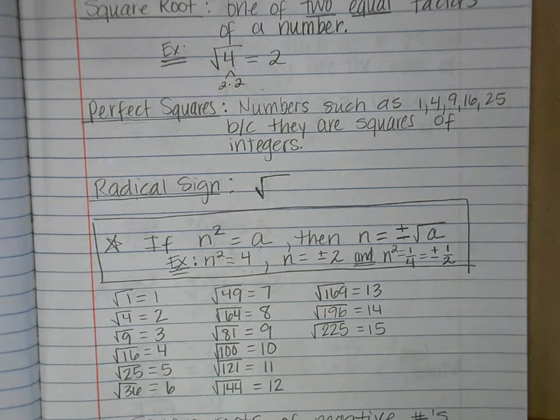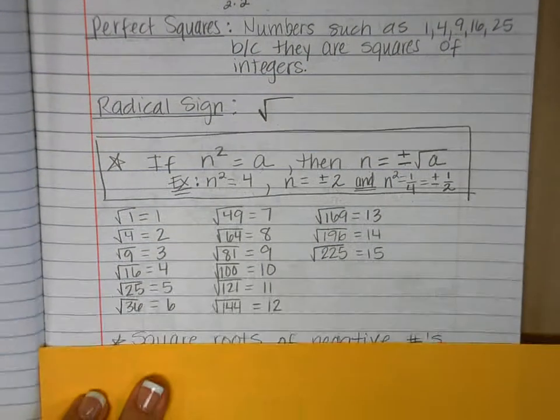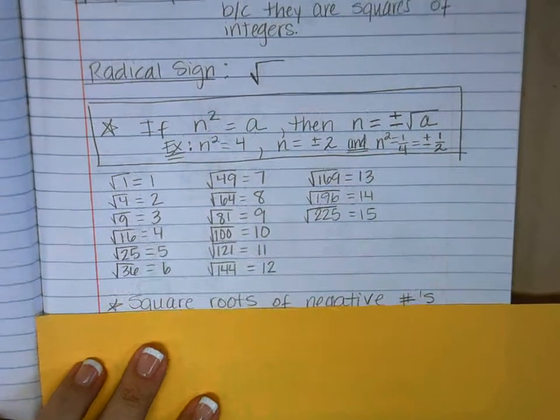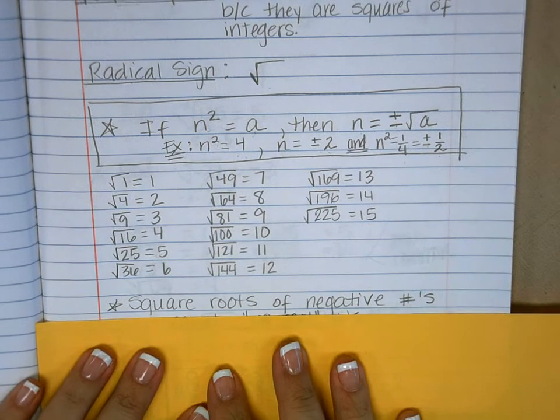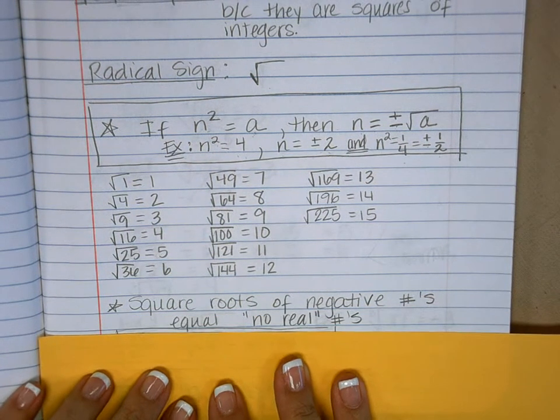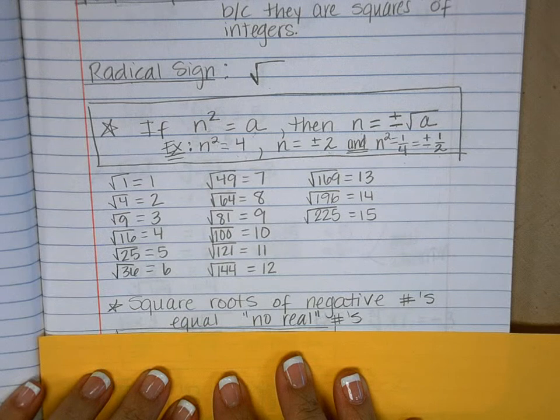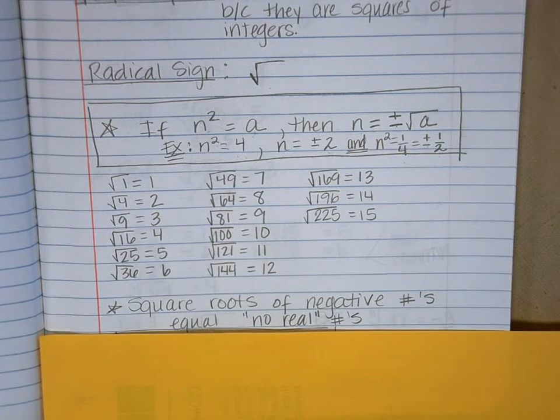Okay. And then sometimes we have negatives. Of course we do, right? Square roots of negative numbers equal no real numbers. You can write "no real" to abbreviate.